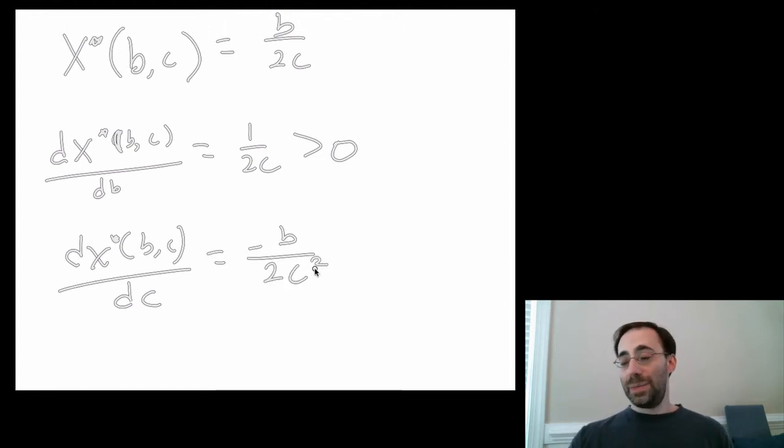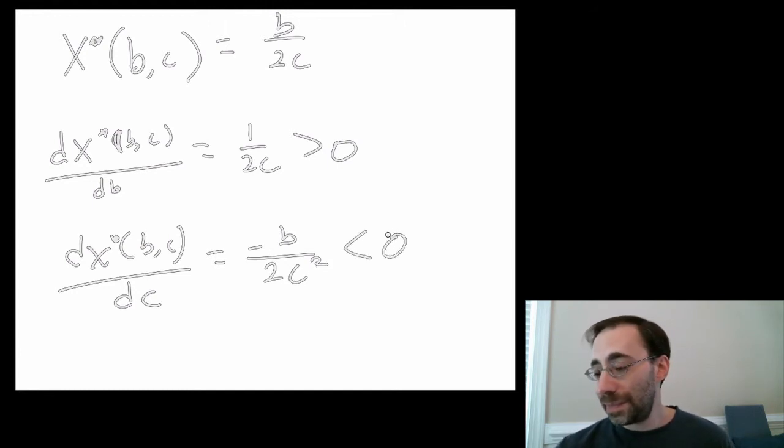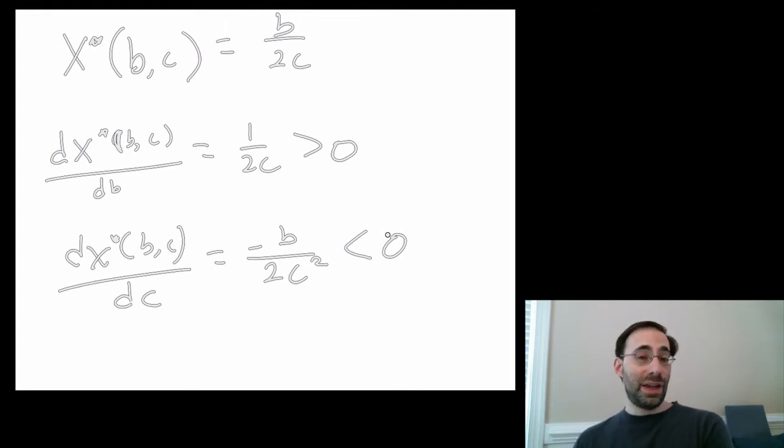For all finite values of b and c, that is negative. So this is less than 0. So as you might expect, as you increase the cost of taking some action, the action is taken less often in equilibrium. Again, entirely intuitive, but it's just a sanity check for your model. And this in a nutshell is how you do comparative statics for an explicitly defined function. You just take the derivative.